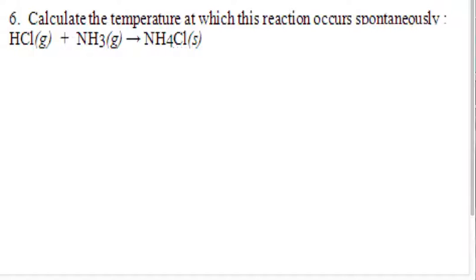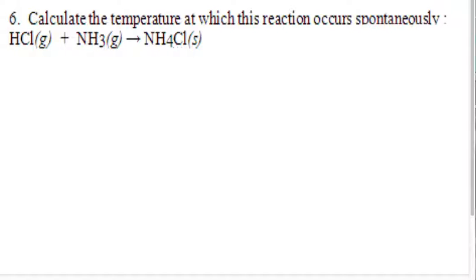Now we're going to calculate the temperature at which this reaction occurs spontaneously. To deal with this, we have to understand that there's a point at which we turn from spontaneous to non-spontaneous, or from non-spontaneous to spontaneous, in the world of temperature.